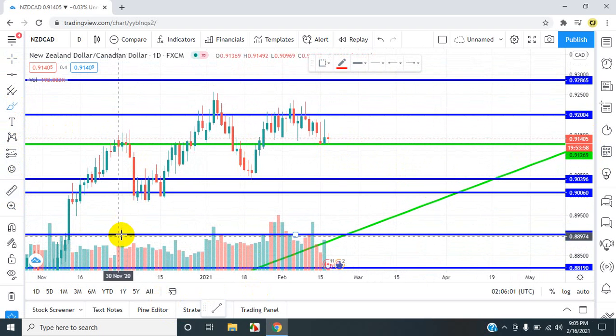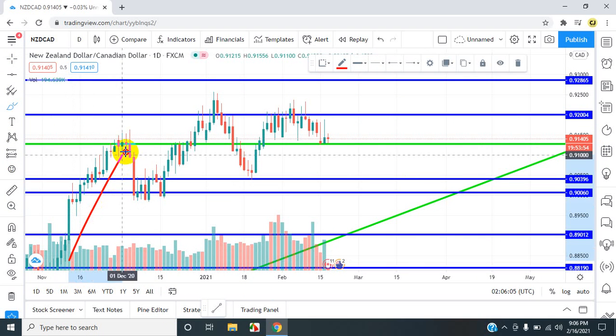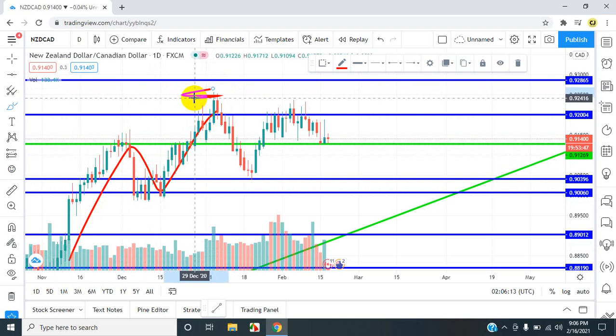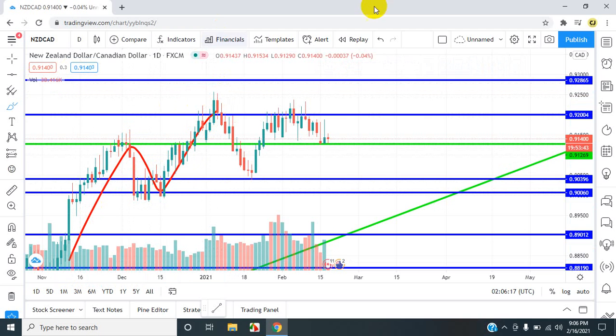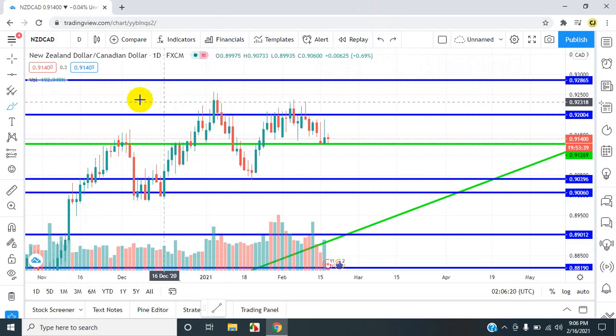So what we can see here is, if I'm correct, the market pushed up, came down here, pushed up higher, created areas of higher highs, and this is where the games begin. So this may do it, it may not do it. It's all about identifying what you see in the market.